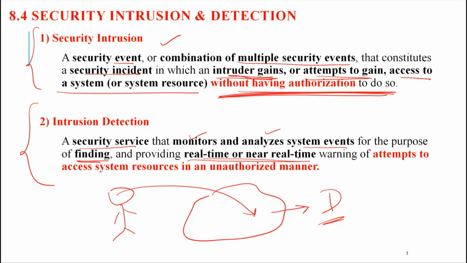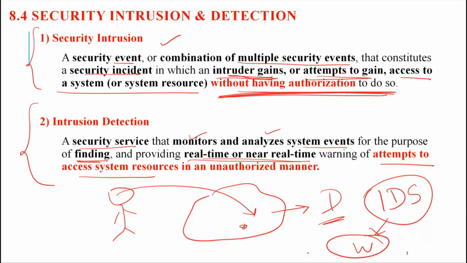The IDS, the intrusion detection system, identifies what intrusions are going on and gives you a warning. So if anything unauthorized is going on in your machine or network, the IDS gives you the warning in real time. This is intrusion detection.